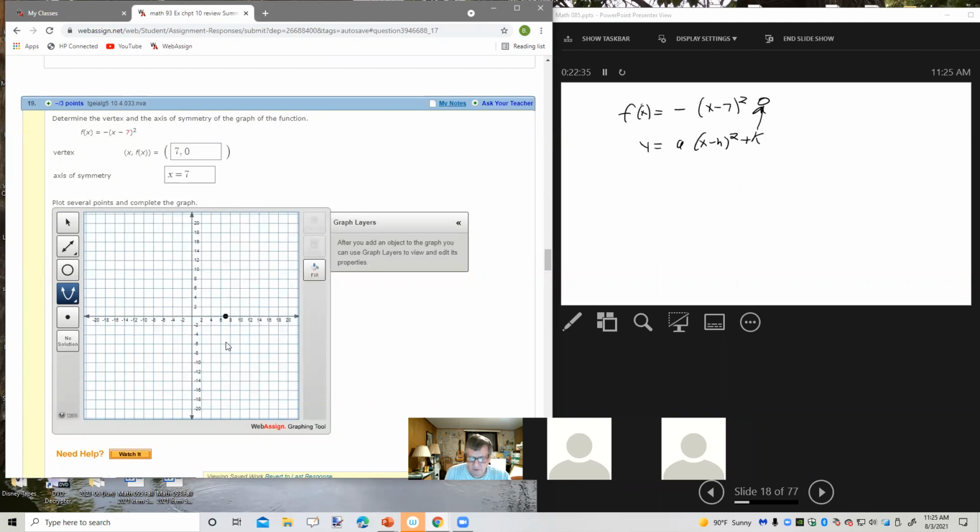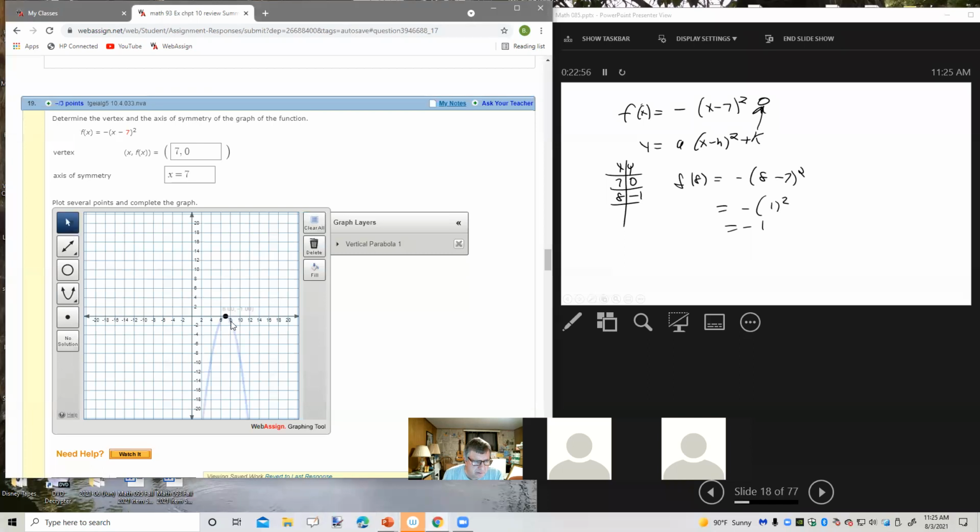And then I need another point. How about 8, comma, whatever? So f of 8 is negative times the quantity 8 minus 7 squared, which is negative times the quantity 1 squared, which is negative 1. So 8, negative 1 is right there.